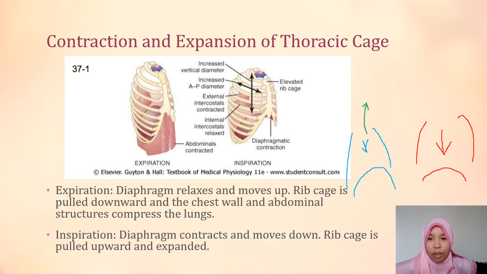Here you have an increase in volume, so I'm going to put volume here, and this is for pressure. So volume increases first, and therefore pressure decreases because of that.